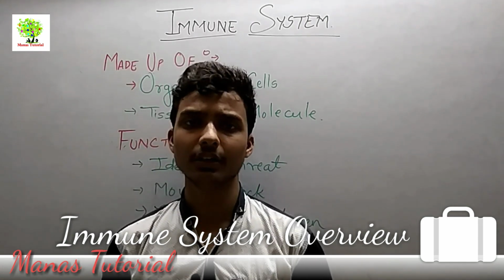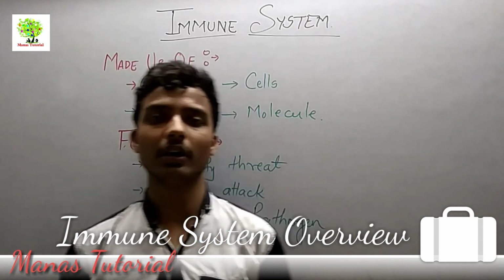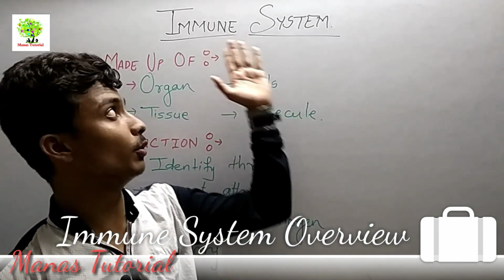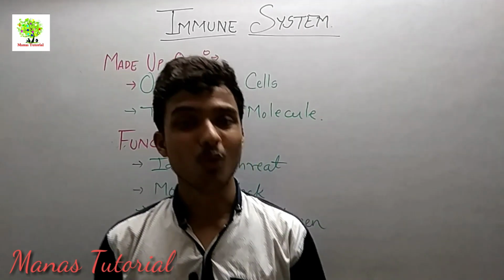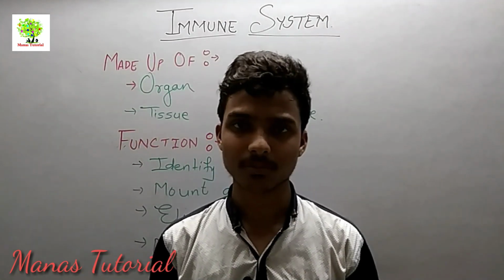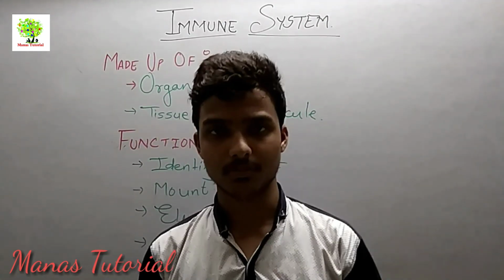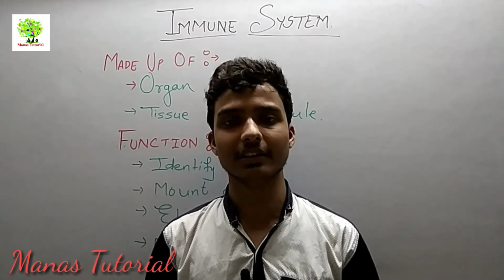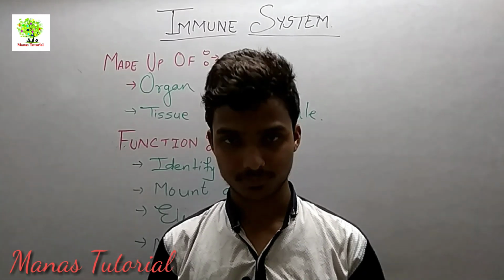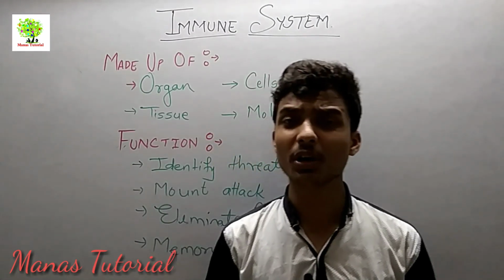In this video tutorial, we are discussing a topic known as the immune system. What is the immune system? What are the functions of the immune system and how does it work? We are dealing with the overview of the immune system in this video. First of all, what is the immune system?